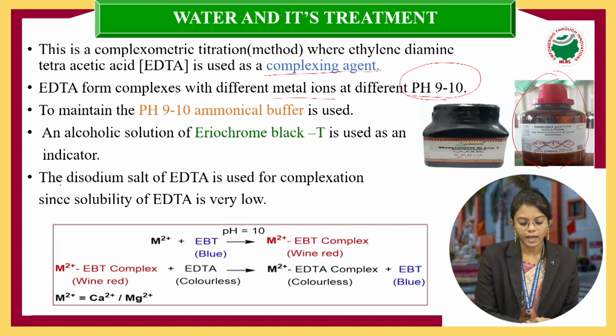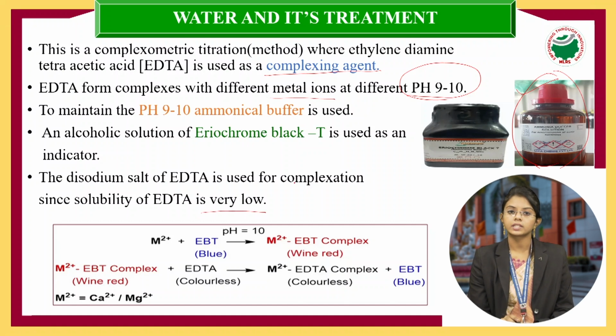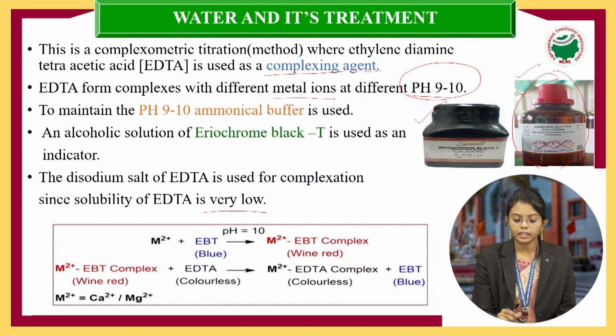The disodium salt of EDTA is used as the complexing agent since the solubility of EDTA is very low. Now we are going to use the disodium salt of EDTA. What we are using here: one is a buffer solution which maintains a pH of 9 to 10, and also the indicator, that is Eriochrome Black T, and EDTA as a complexing agent.